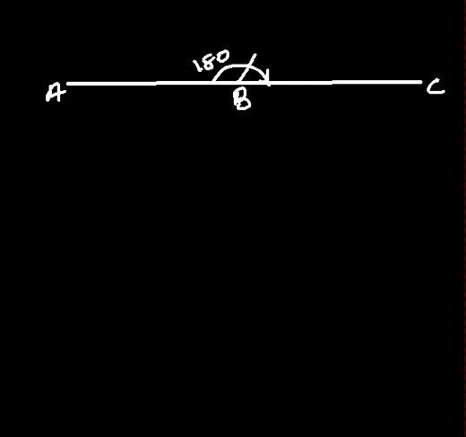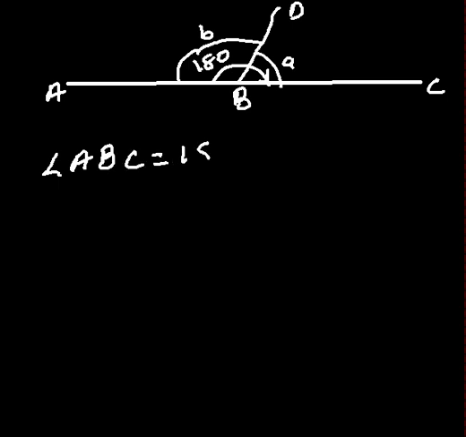Let's say this is D. Let's say this is angle A. Let's say this is angle B, like that. So you should understand that in this case, the angle ABC is equal to 180 degrees. That's the angle on a straight line.